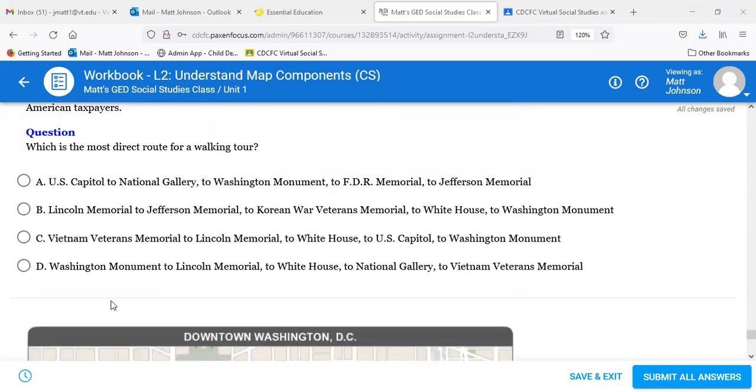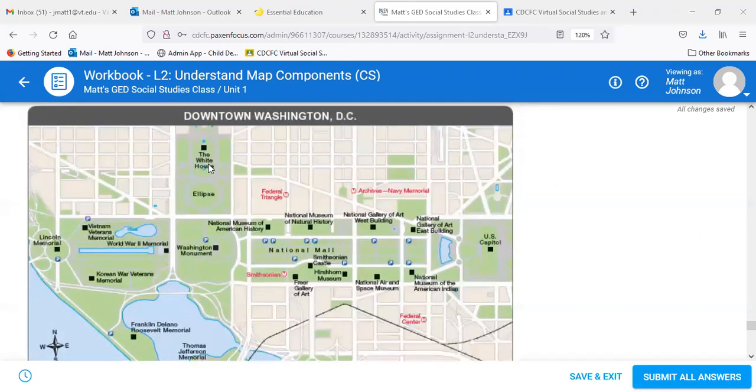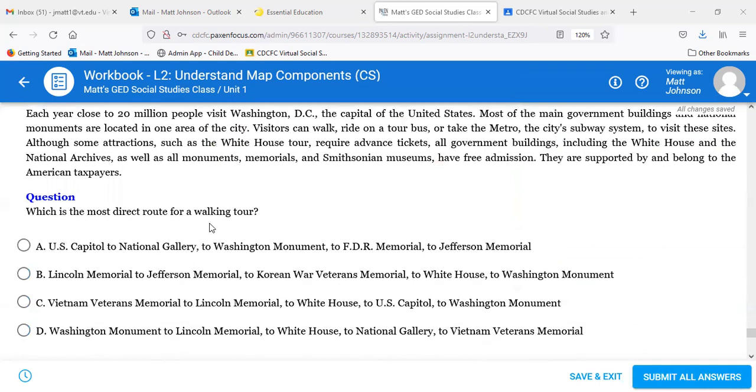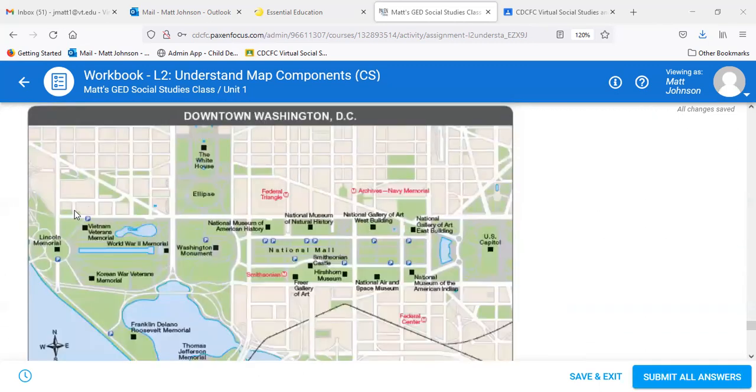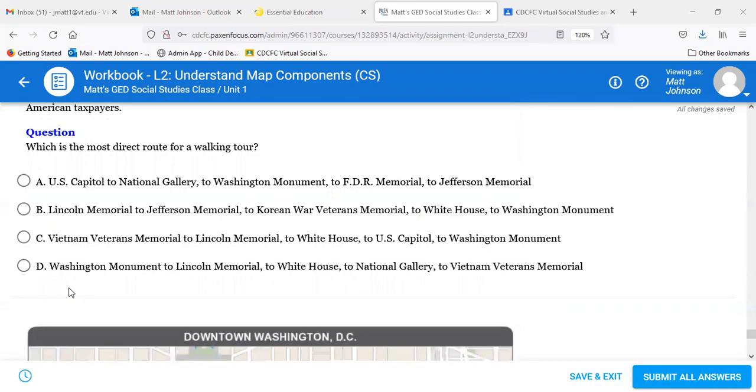Vietnam Memorial, Lincoln, White House, U.S. Capitol, Washington Monument. That's kind of zigzaggy too. Boom, boom, White House. You're going to go all the way down here and then have to walk all the way back to the Washington Monument. And then finally, Washington Monument, Lincoln, White House, or National Gallery.